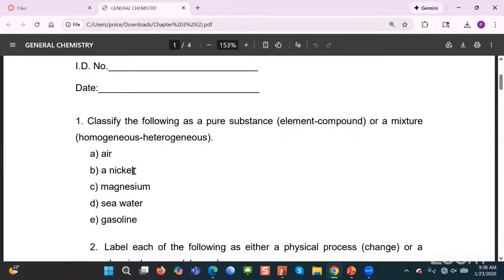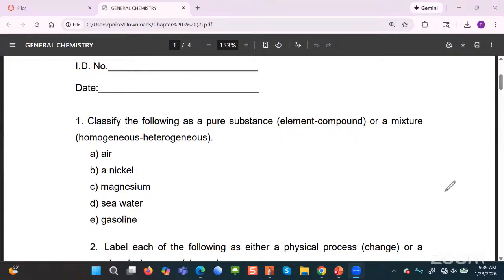So let's talk about the air that we breathe. What's the classification you'd put there? It definitely would be a mixture. Okay, so what kind of mixture would it be? Homogeneous mixture, right?